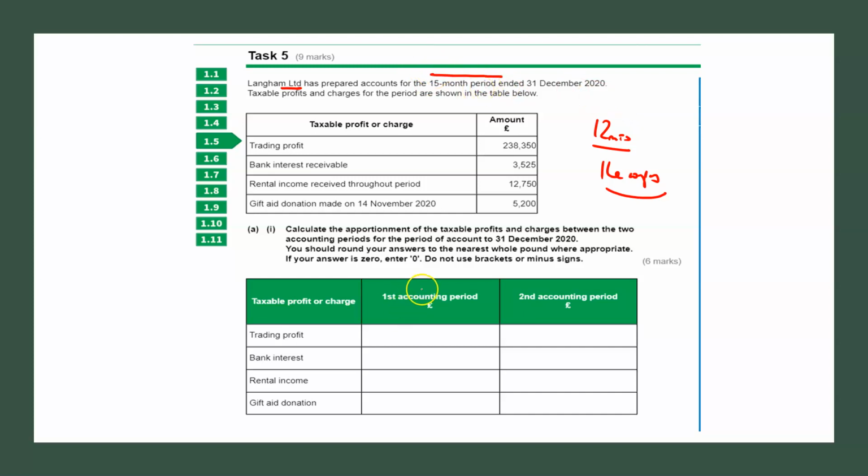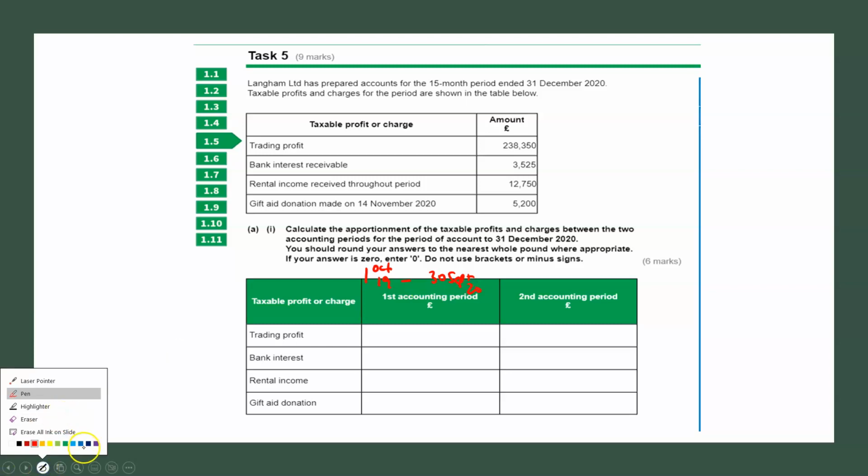What you do is you prepare a first accounting period, which is 12 months. In this case, the next accounting period would be 3 months. So if you look here, what's really happening is that the client has prepared a 12-month first accounting period from the 1st of October 19 to the 30th of September 20, and prepared another shorter period from the 1st of October 20 to the 31st of December 20.